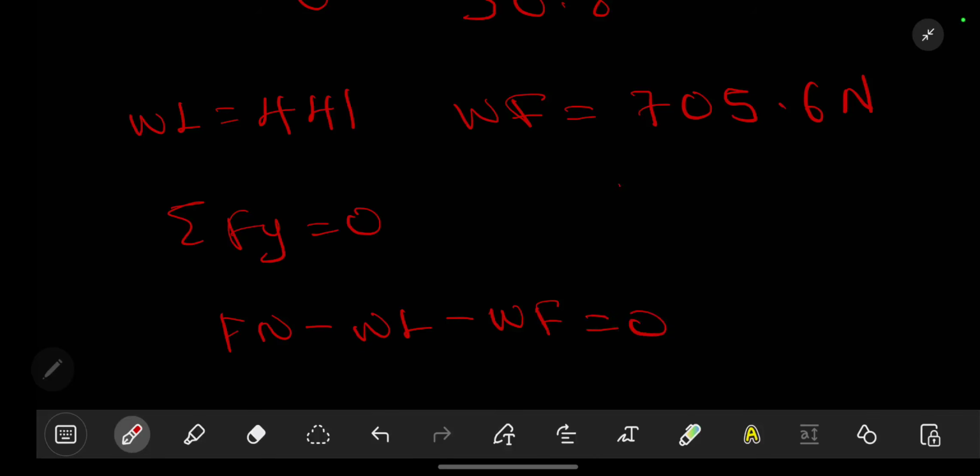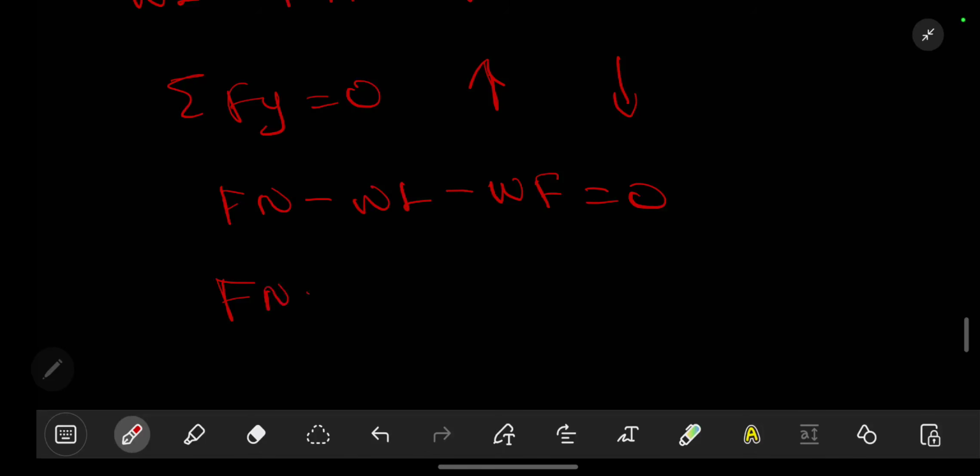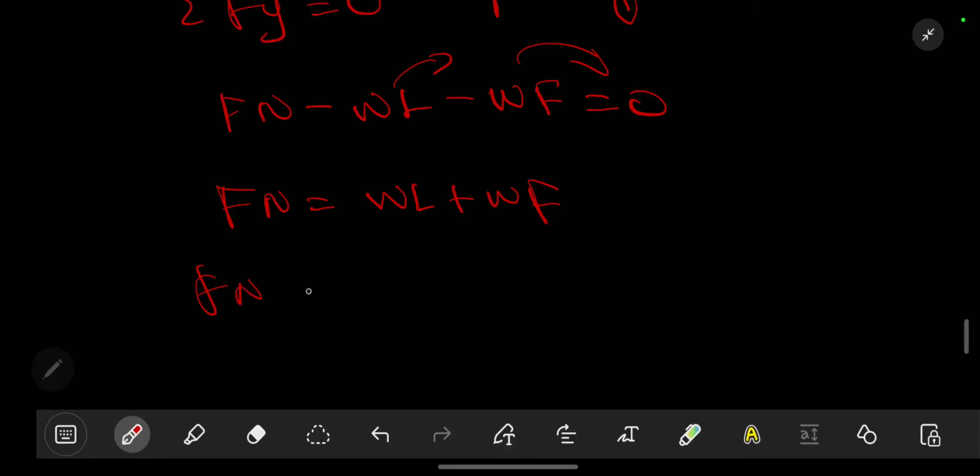Those are acting down while the normal force is acting up. So the normal force should be equal to the weight of the ladder plus the weight of the firefighter. We have 441 for the weight of the ladder plus 705.6 newtons for the weight of the firefighter.